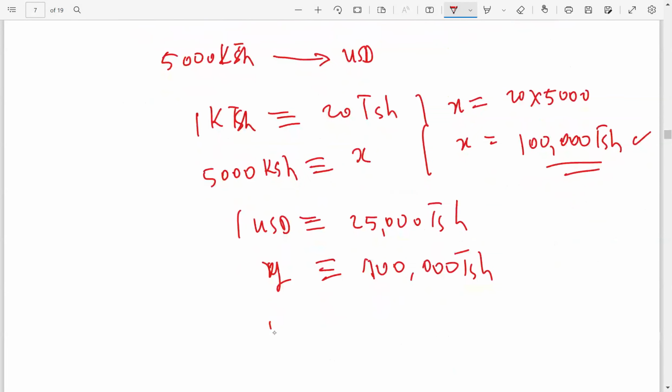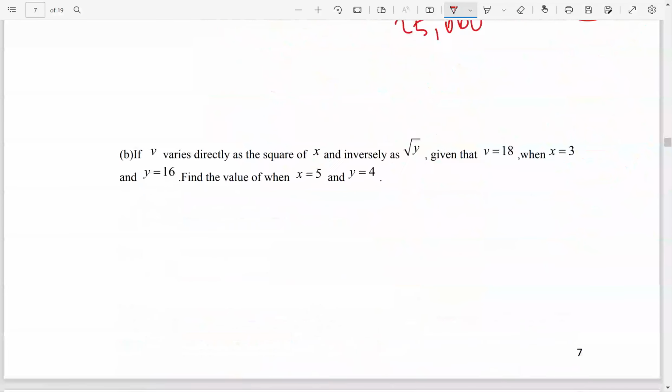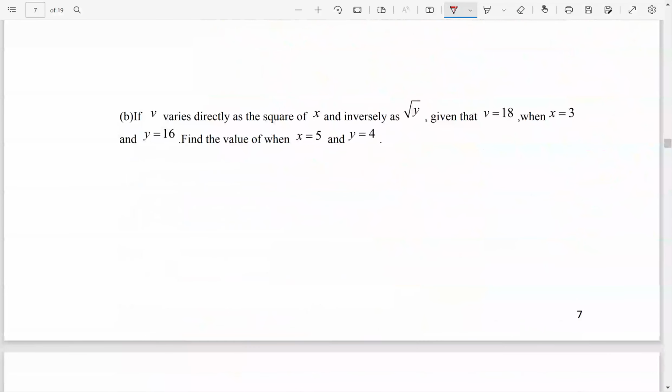So we know that Y will be 100,000 shilling, you divide it by 25,000, you get 4 USD, dear students. You get 4 USD.